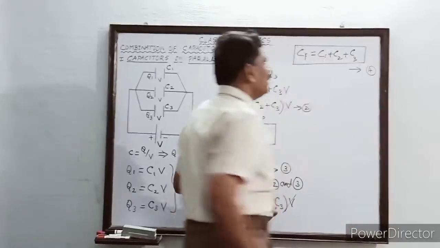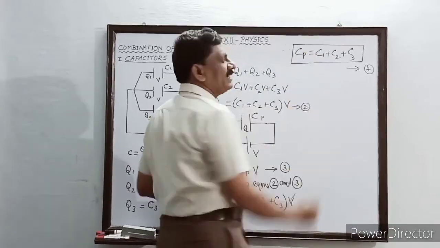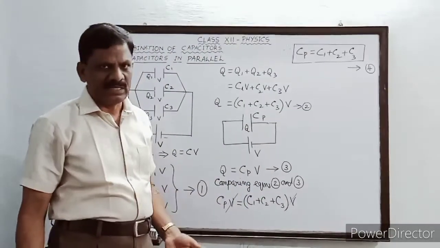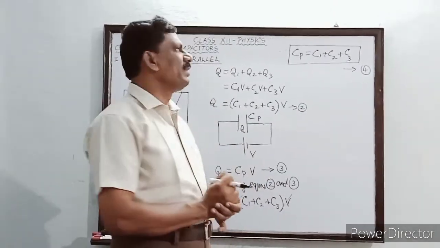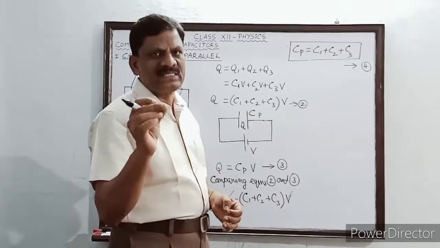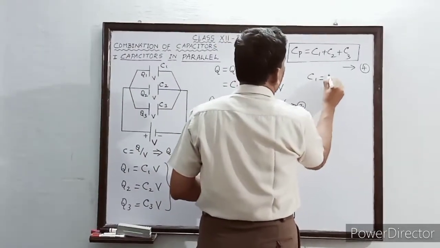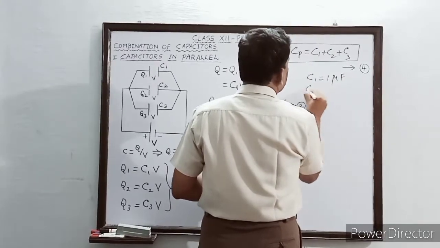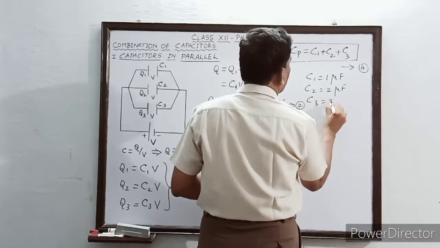So what is the effective capacitance in parallel? It is denoted by Cp, and we find it is equal to the sum of the individual capacitances C1 plus C2 plus C3. As usual, I will take the simplest example. Take C1 equal to 1 microfarad, C2 equal to 2 microfarad and C3 equal to 3 microfarad.